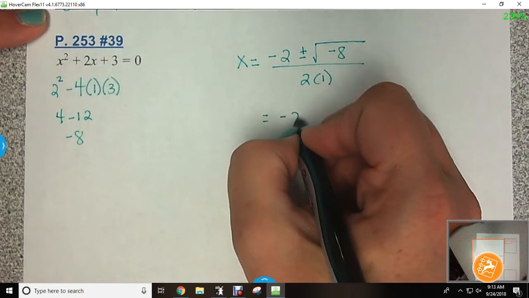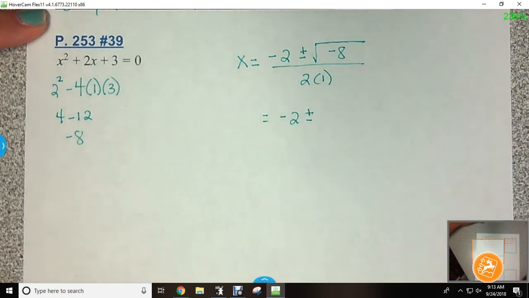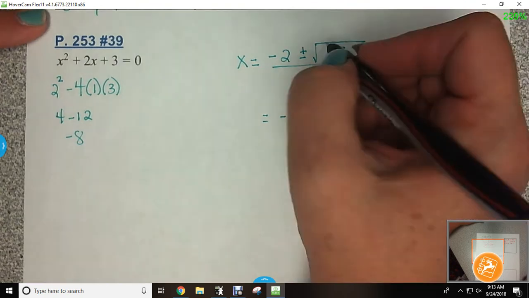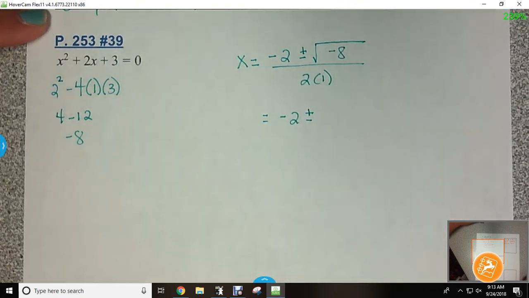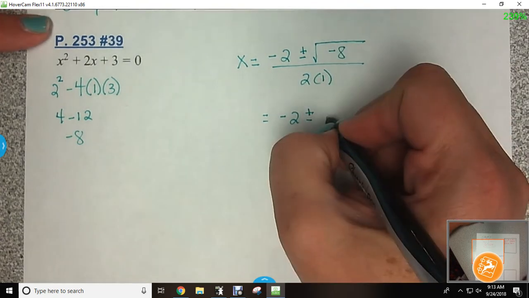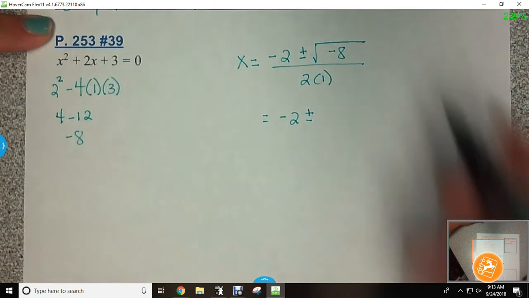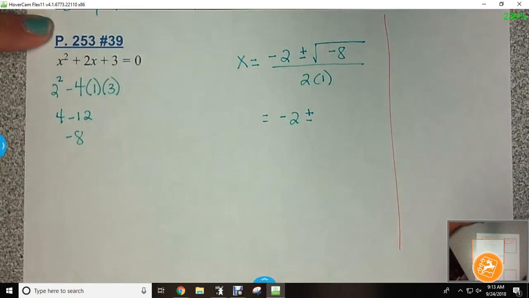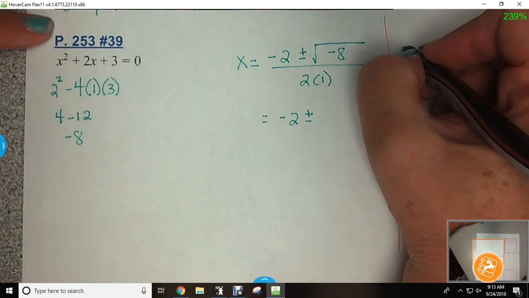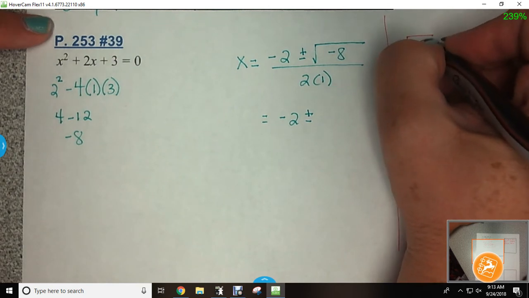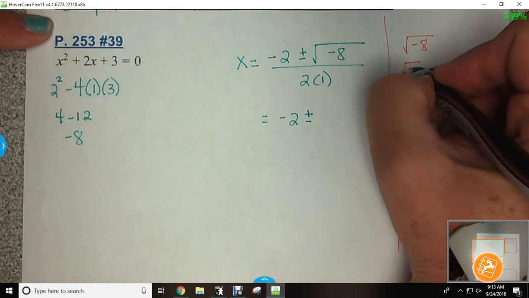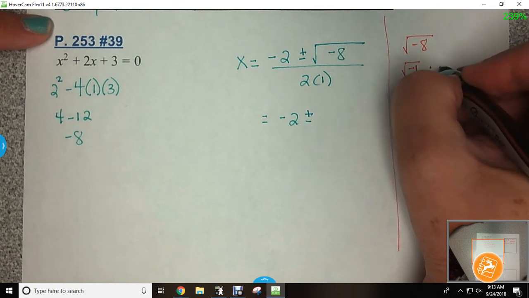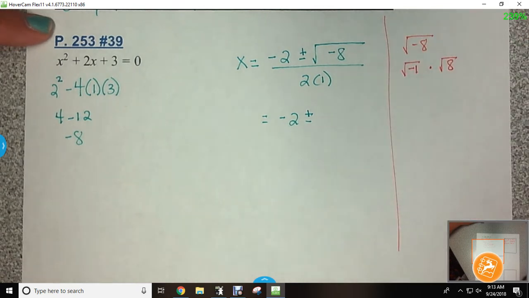So I've got negative 2 plus or minus. Now, when you are simplifying a square root with a negative under it, remember that can be rewritten. Actually, I'm going to put it out here to the side so I don't have work in the middle of what I'm trying to do. Okay, instead of the square root of negative 8, I'm going to split that apart into the square root of negative 1 times the square root of 8.